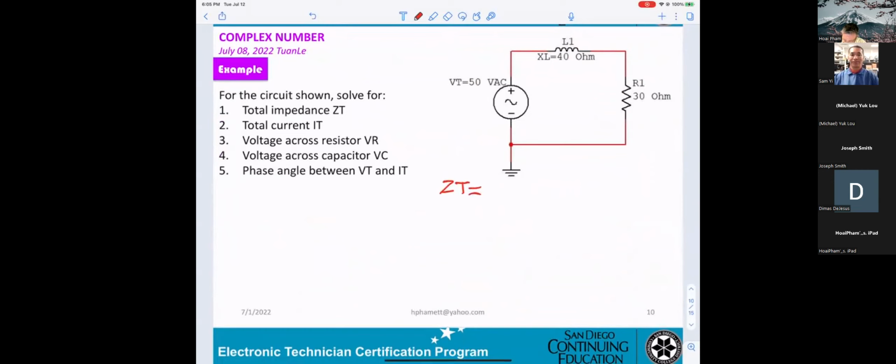And you already know XL 40 will be changed to Z, 30 plus j40. So you can get R plus jXL, or 30 plus j40.